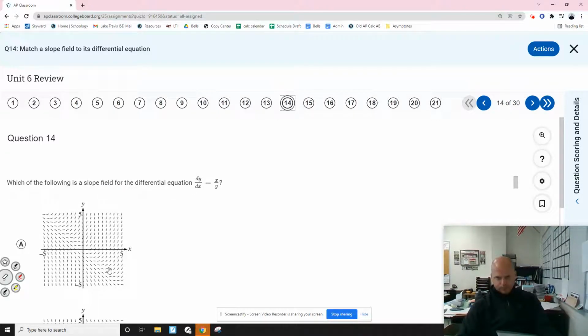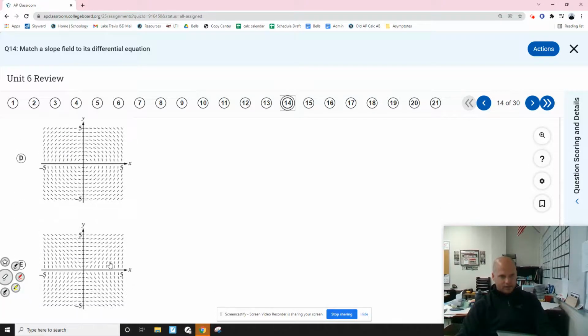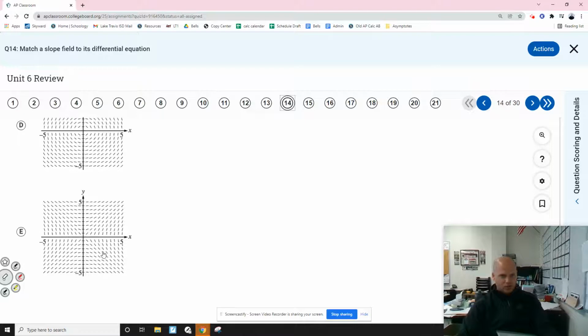Let's go fourth quadrant. Slope should all be negative. Nope, A's gone. I already got this one out. These are all negative, that's good. Nope, this one's already gone. So I'm between C and E, okay?